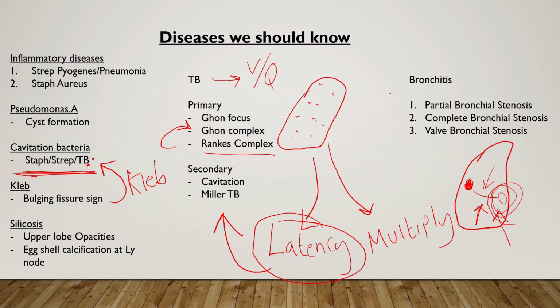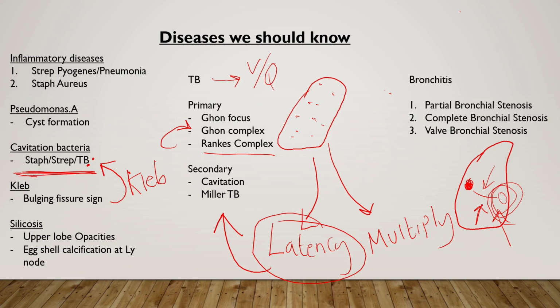Cavitation can then cause that person to get TB within the bronchi and they can expel it, infecting other people, or it can cause miliary TB. Miliary TB is basically widespread spicule pinpoint infection of the lung.